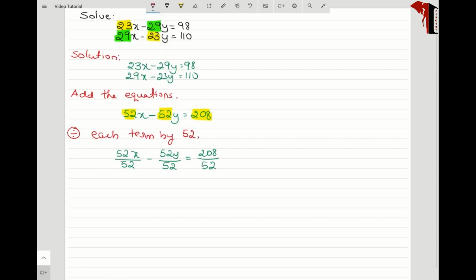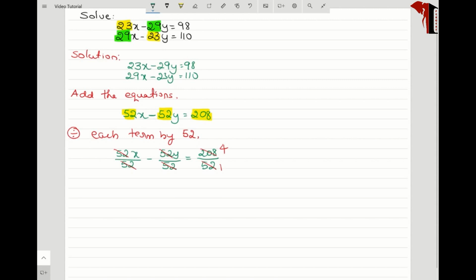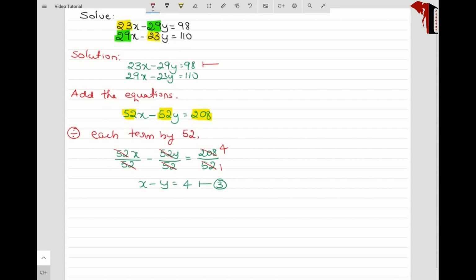It is clear that 52 cancelled, 52 cancelled, and over here it is 52 ones are 52, 52 fours are 208. So our equation reduces to x minus y equals 4. Take this as equation number 3. Equation numbers 1 and 2 are these.